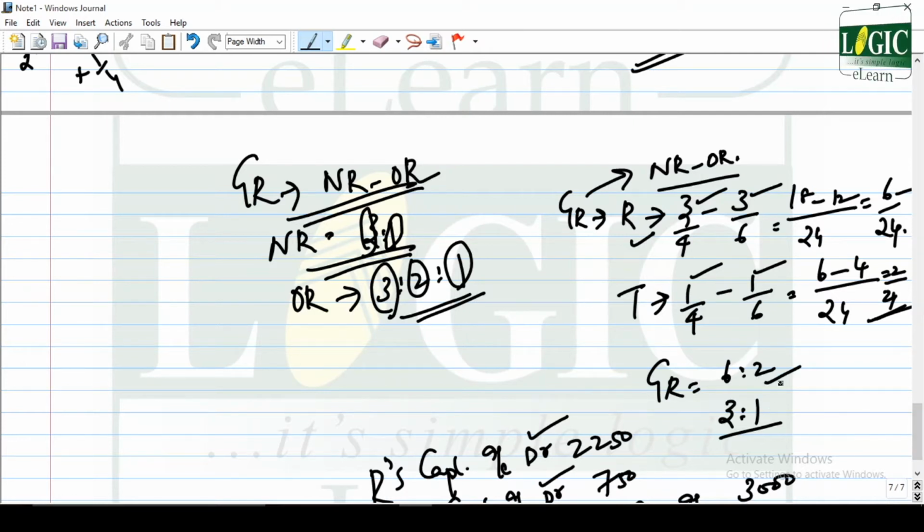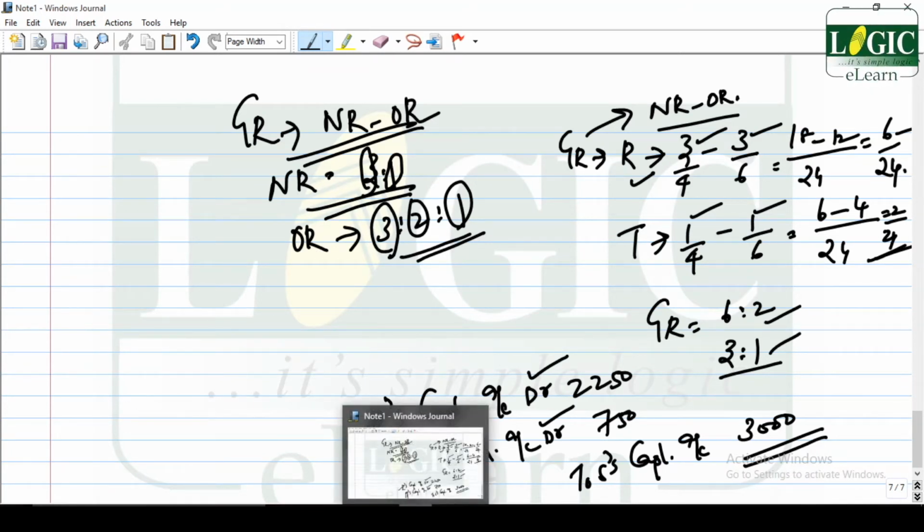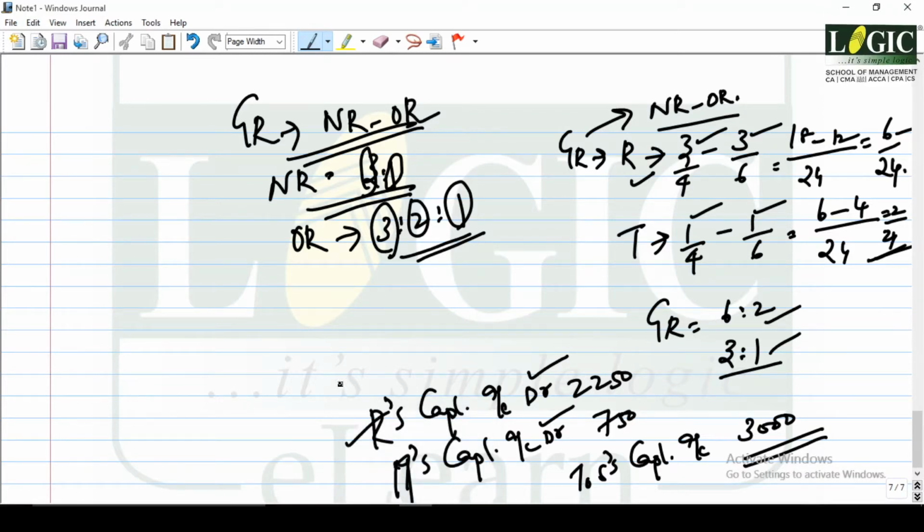So 6:2, that is 3:1. Now what is to be done? The retiring man should be given, so S's capital account is credited, and who has to bear it? The continuing partners, that is R's capital and M's capital, not T. R's capital account debited, M's capital account debited to S.